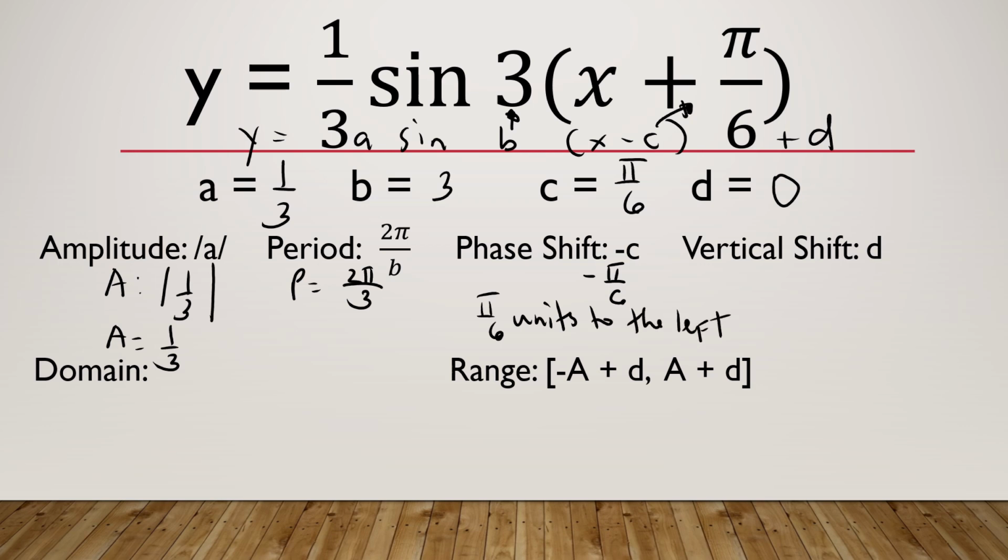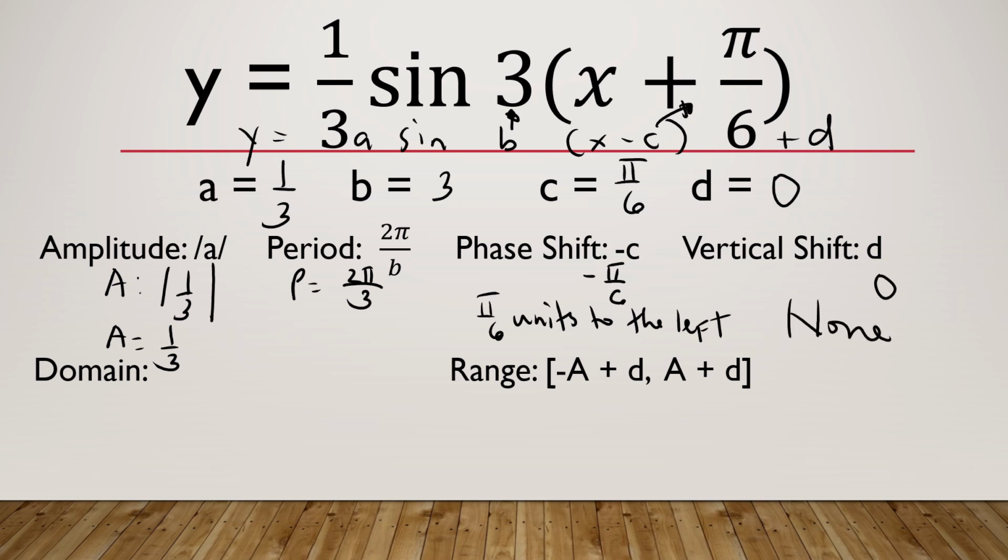If the given phase shift is positive, then it will be units to the right. Since our phase shift is negative, therefore our phase shift is pi over 6 units to the left. For our vertical shift, our d is equal to 0. Therefore, the vertical shift will be none.